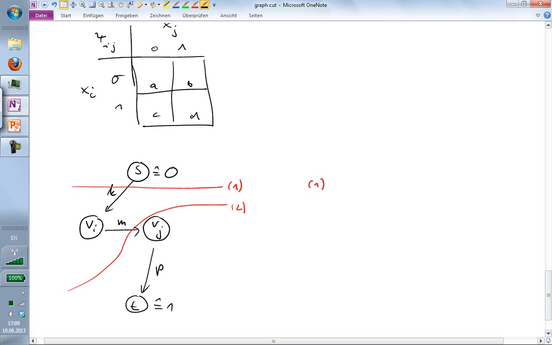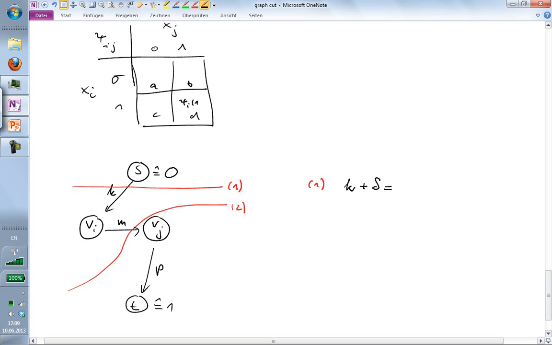So the first cut tells me it will have a value of K, because that's the capacity of the only edge crossing this cut in the right direction. And I want this K plus some constant offset to give me the correct energy value. So if I use this cut number 1, then both Vi and Vj will be assigned label 1.